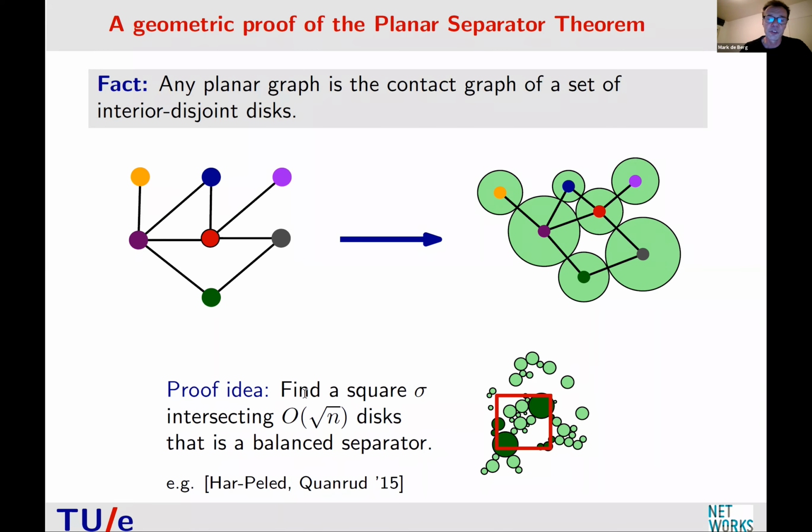And the number of disks intersecting the square is going to be square root of n. Obviously, if my separator contains all the disks that intersect the square, then a disk inside it will not touch any disk that is strictly outside.